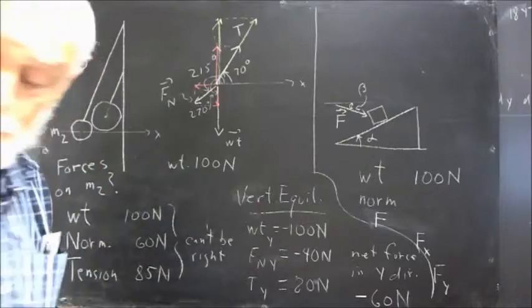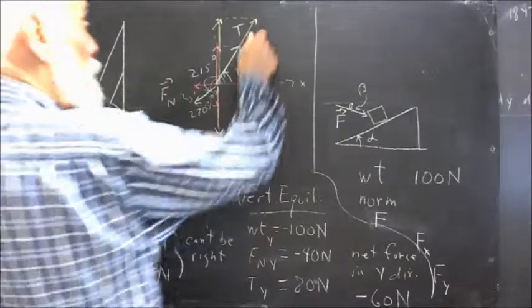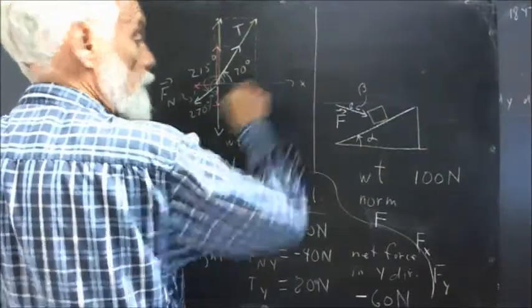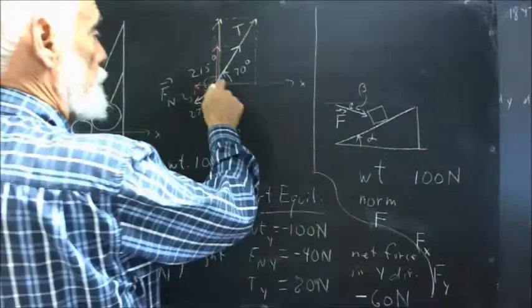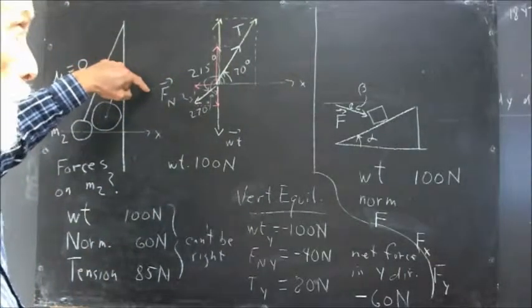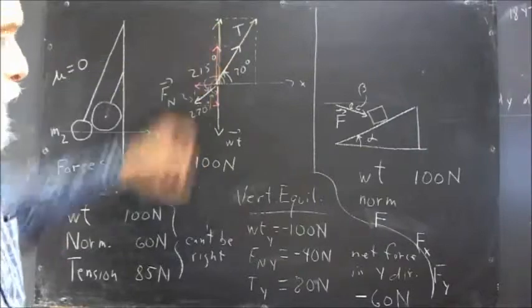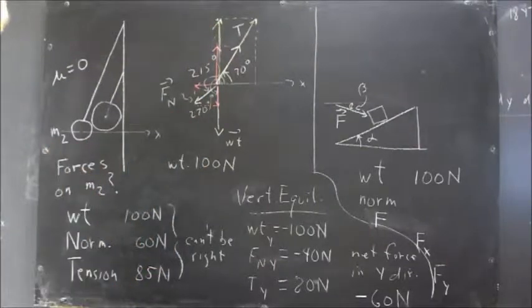But then we have the problem that the x component of the tension vector, which would be out here, is not equal and opposite to the x component of the normal force vector. So we have all kinds of problems with these diagrams that need to be resolved.